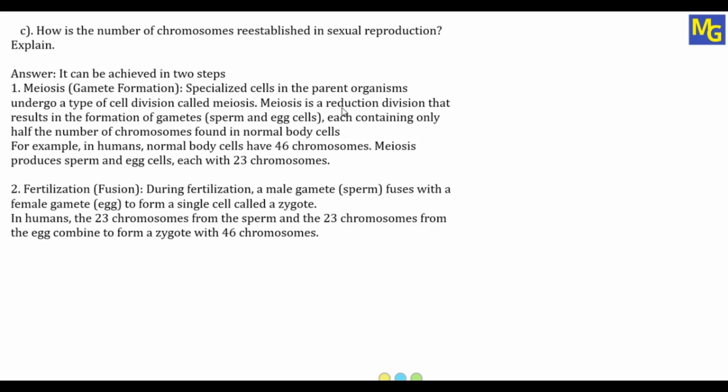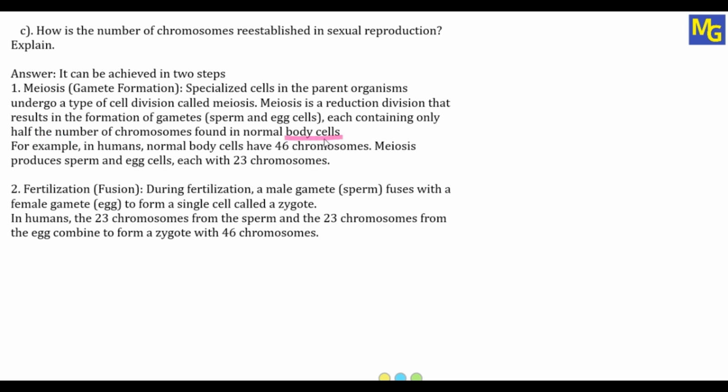That is the meaning. So it is a reduction division that results in the formation of gametes like sperms and egg cells, each containing only half the number of chromosomes found in normal body cells. See, it is very important. So whenever the gametes are formed, like sperms or egg cells, the number of chromosomes will be half compared to the normal body cell.